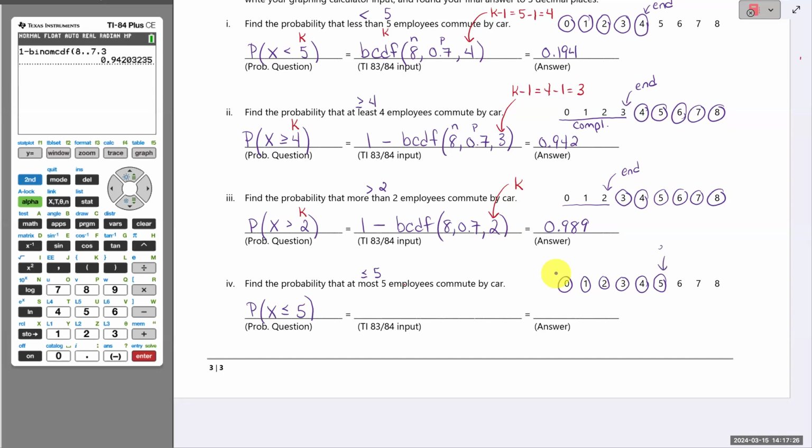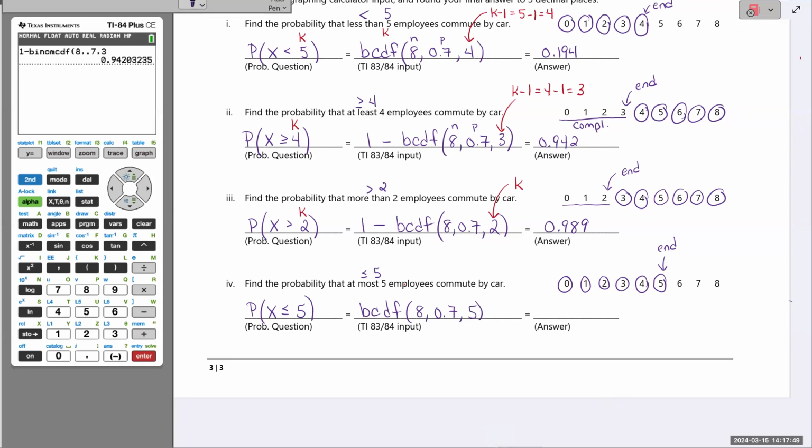And because that accumulation of probabilities would start at 0, we don't need the 1 minus. The syntax would be going straight to our binomial CDF, N, P, and then I know 5 goes next because I know I end at 5.